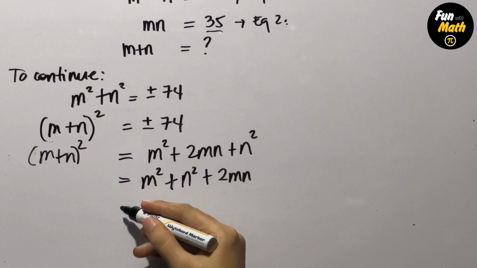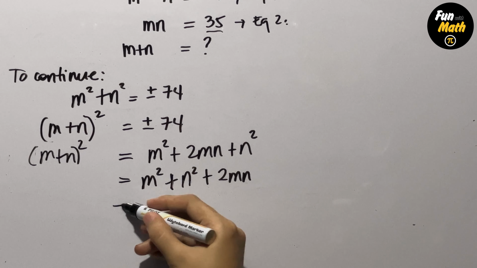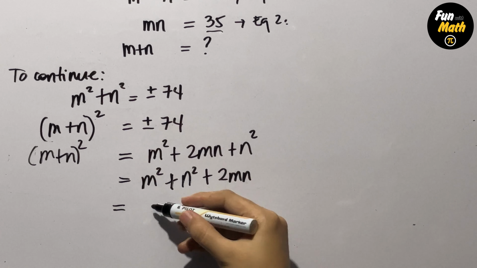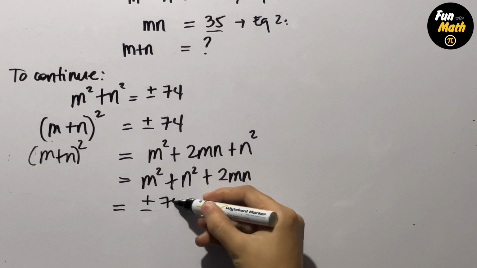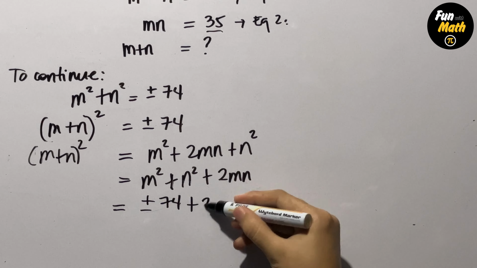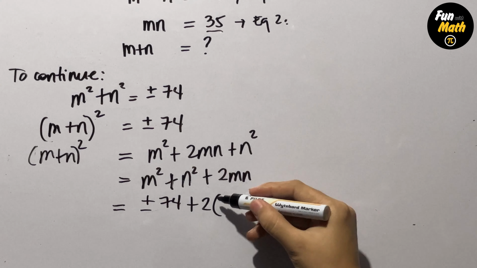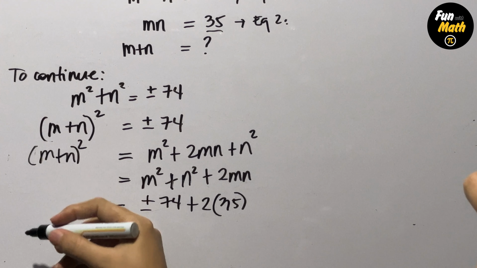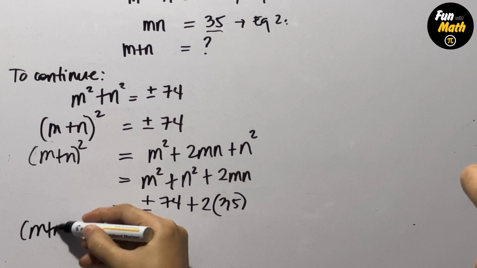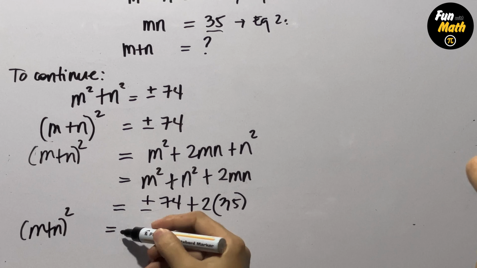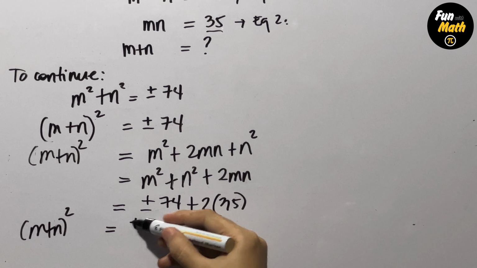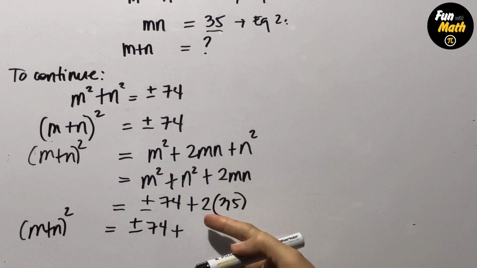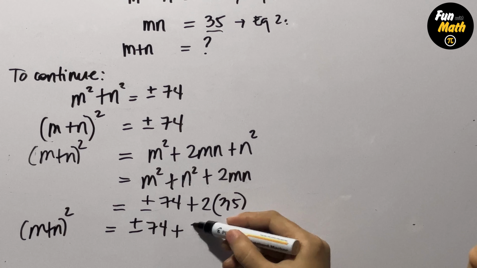So this is now equals m squared plus n squared, that is positive negative 74, plus 2 times 35. Now, don't forget, let's bring down m plus n squared equals positive negative 74 plus 2 times 35, which is 70.